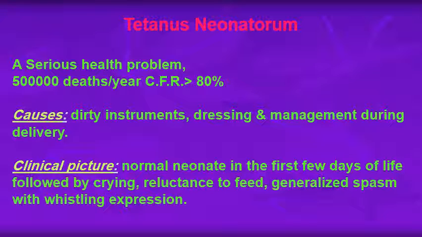Causes: dirty instruments, dressing and management during delivery. And this usually occurs when the delivery happens at home, especially in agricultural or rural areas where there is no local health facilities that can do this job.